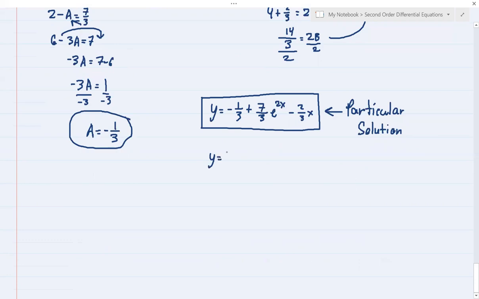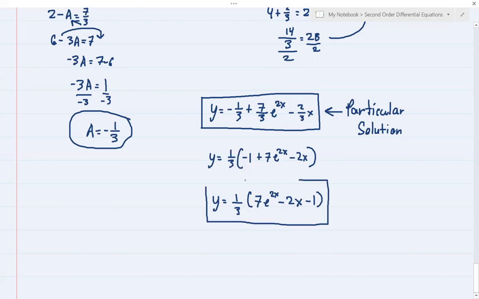So we will have y is equal to 1/3 times the quantity negative 1 plus 7 e raised to 2x minus 2x. You can arrange them from positive to negative, so we will have 7 times e raised to 2x minus 2x, minus 1. This could also be your particular solution because it's still correct.